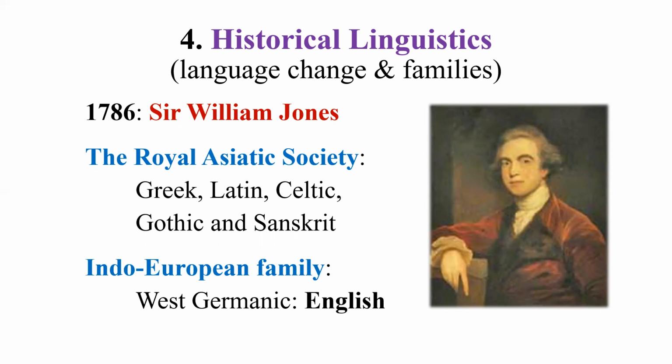We have this British colonial officer and judge, Sir William Jones. He presented a paper at the Royal Asiatic Society, Kolkata, where he said Greek, Latin, Celtic, Gothic, and Sanskrit seem to have some relationship in common. They share a lot of language properties. So he said these languages could have come from a common language, a proto-language, proto-Indo-European.